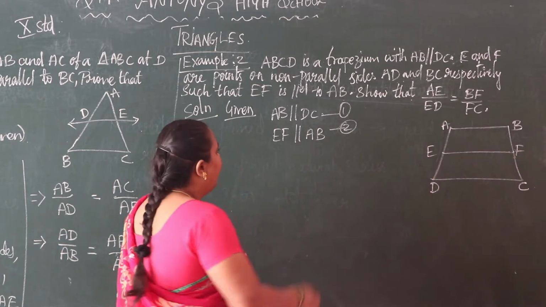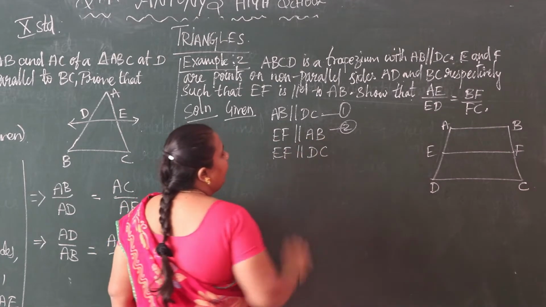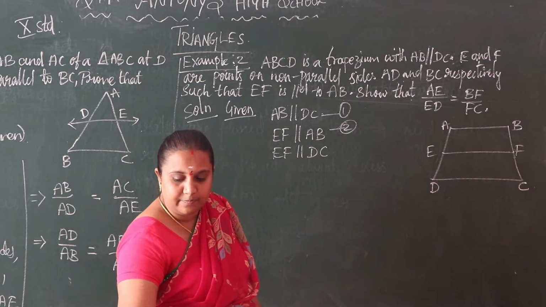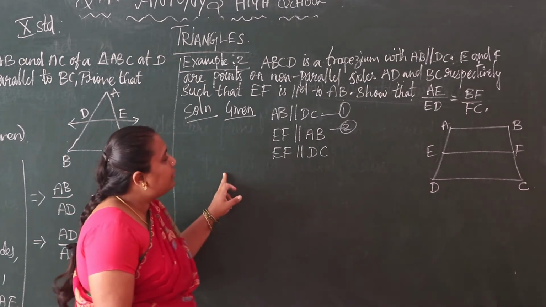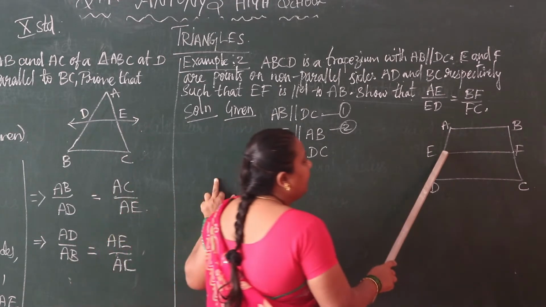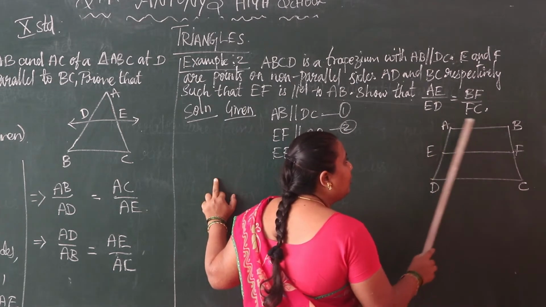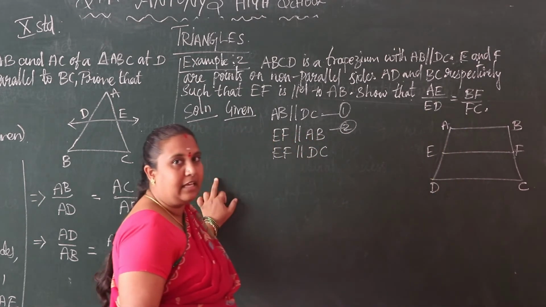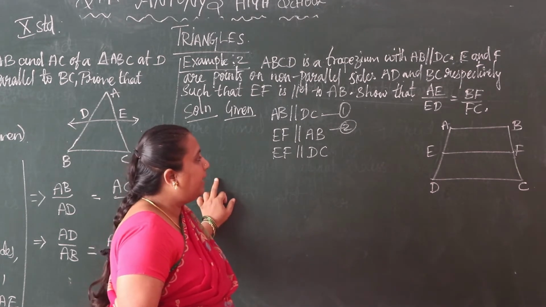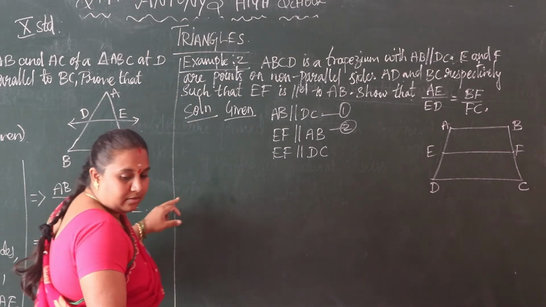Now EF is parallel to both AB and DC, so we can write the ratio of the sides: AE by ED equals BF by FC.